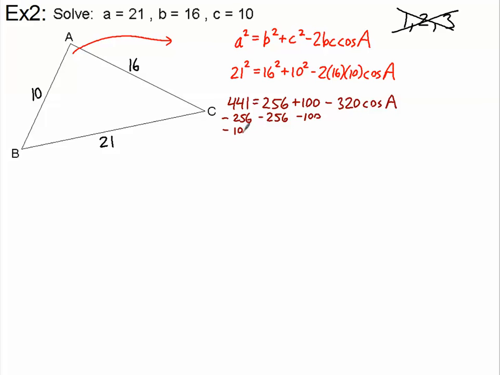I'll do that from both sides. When I subtract this, I get 85, and that will be equal to negative 320 cosine of A. Let's divide by the negative 320.